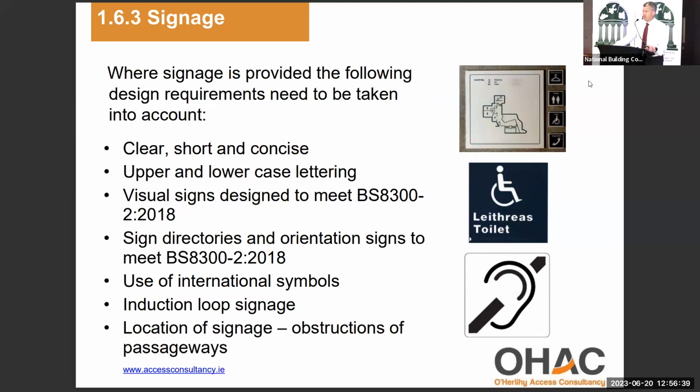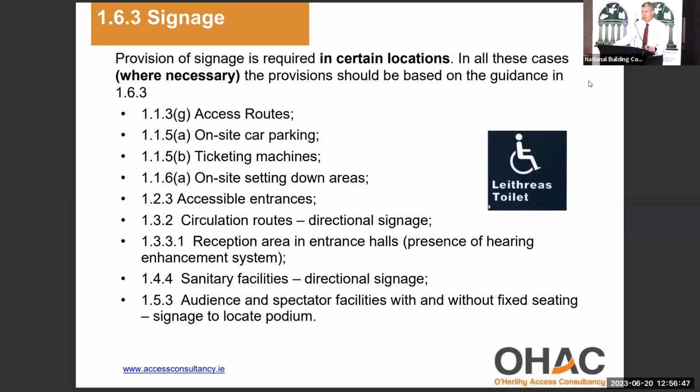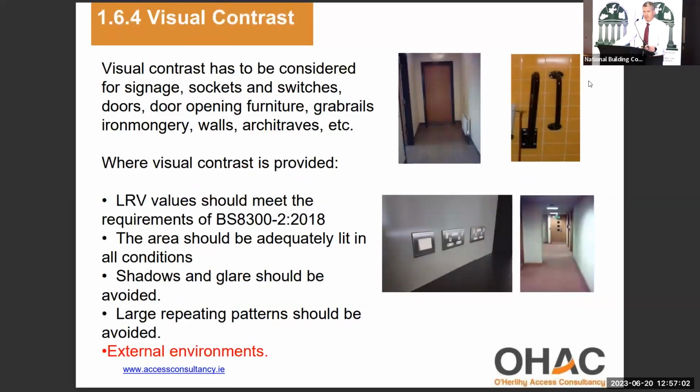So that includes things like the size of the font, the reading distance, the visual contrast, the use of symbols, and so on. And this slide is just highlighting everywhere that the TGD M recommends that you need to provide accessible signage within your building. Again, signage can often be left to the end of the project, so it's something that needs a bit of time to get right.